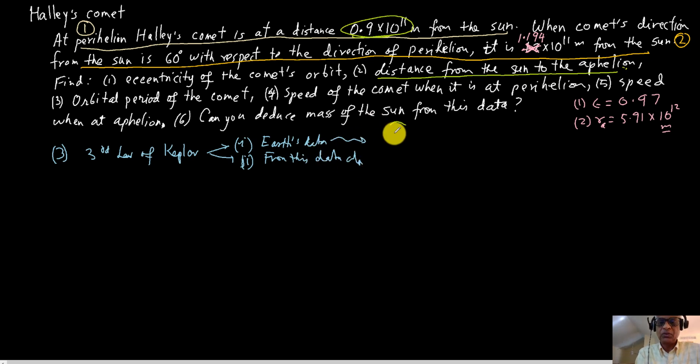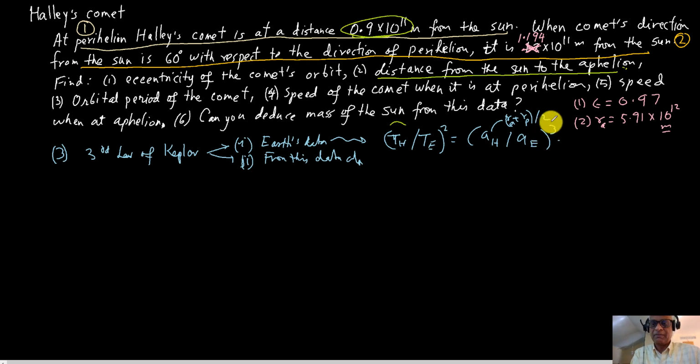If the Earth data was given, we would just use T of Halley's comet over T of Earth, which is 1 year, squared, equal to the semi-major axis for Halley, which is R aphelion plus R perihelion divided by 2, and then the same thing for Earth, cubed.